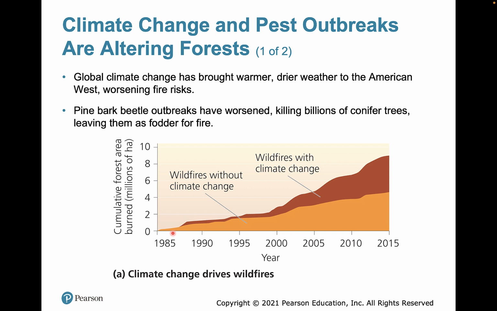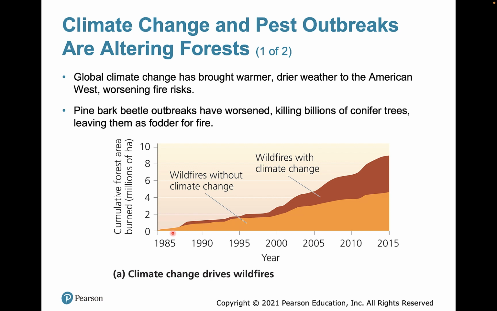And there are lots of pest outbreaks because the warmer temperatures are spreading. And it's really not getting super cold in the winters, enough to kill off the larvae of these things. So the pine bark beetles are one example of that.